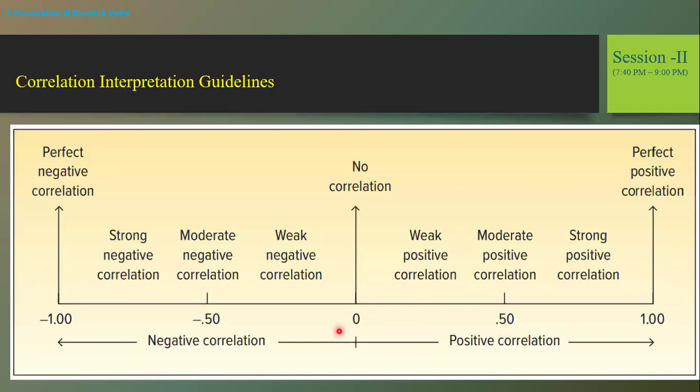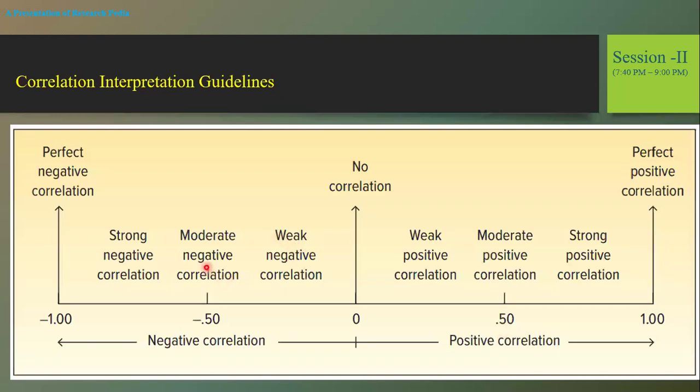In the same way, if the value of the correlation coefficient is between 0 and minus 0.50, we may consider it a weak negative correlation. If the value is exactly 0.50, we may consider it a moderate positive correlation.